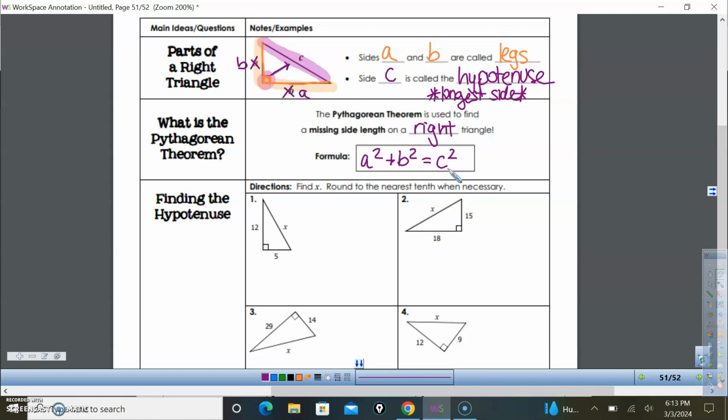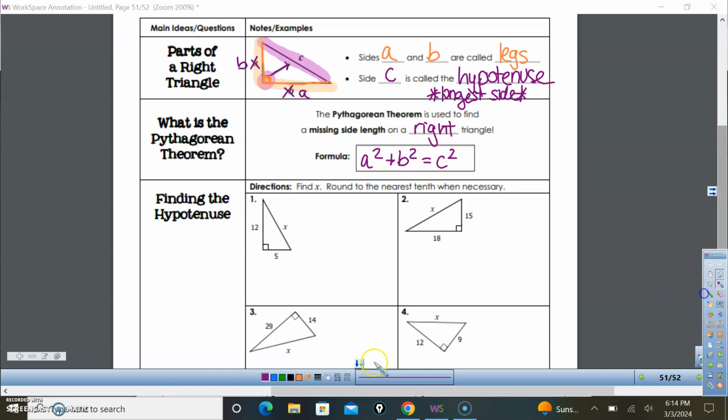And again, with this formula, I've got a second video that I'll have you watch where I try and demonstrate for you why the Pythagorean theorem works the way that it does. But for now, this is the formula we will be using. So we will be taking one of the legs, squaring it, plus the other leg, squaring it, and setting that equal to our hypotenuse squared.